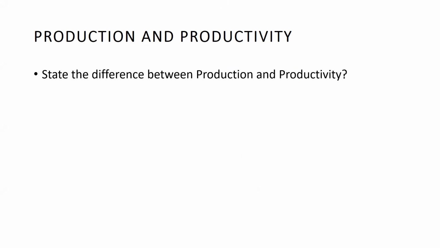Anybody could tell me the difference between production and productivity? Production is when you're taking raw materials and turning it into goods and services, and productivity is how efficiently you're turning the raw materials into goods and services. Alright, how efficiently we are using our factors of production. Are we good?